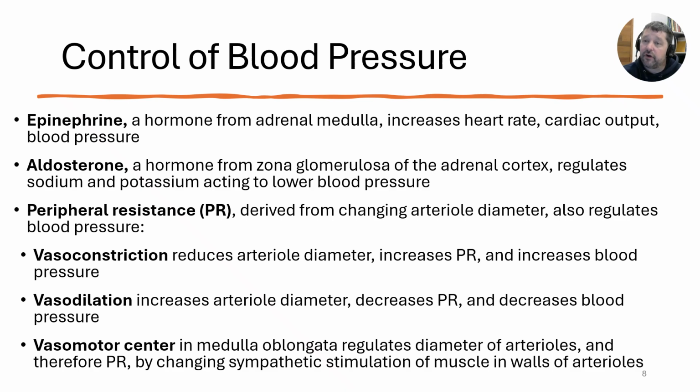We already talked about this. You have pressure receptors in the arteries that send signals to the medulla oblongata to let it know whether there is a great deal of pressure. If there is a great deal of pressure, the medulla will send a signal to dilate the artery.